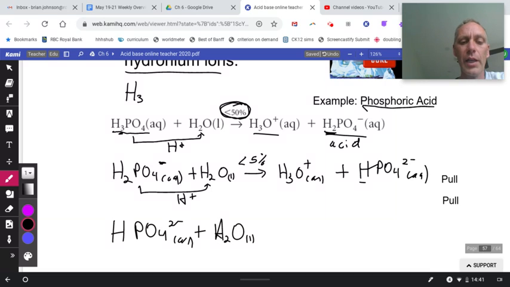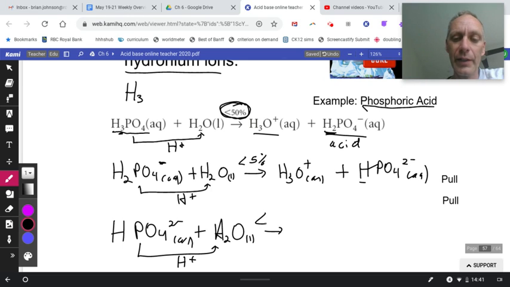So what percentage of these do you think will donate their protons? If they're at 2 negative, how easily are they going to let go of their last H plus? Looking at the trend, give me the number, and it is 1%. Less than 1%. They're getting weaker and weaker and weaker. So that's weak.